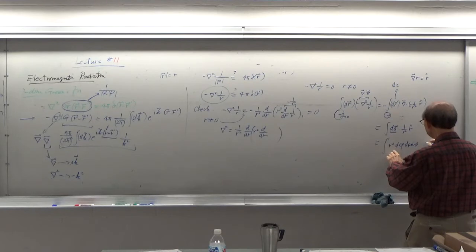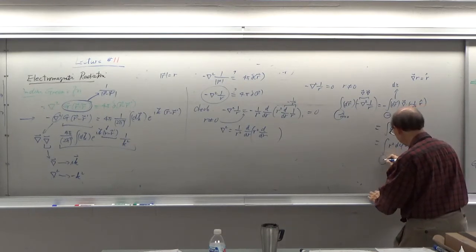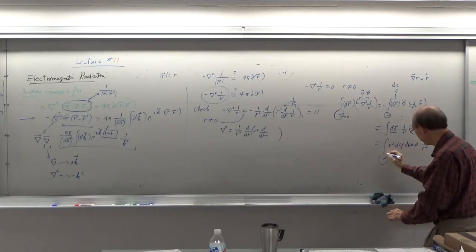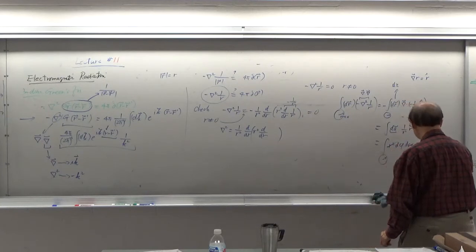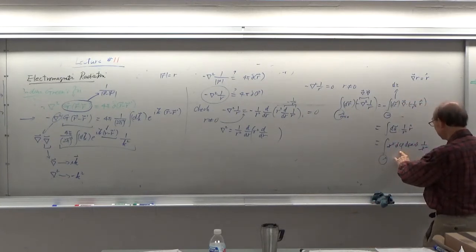Then 1 over r squared around the surface of this small sphere, the r squared cancels. So this integration gives me 2, this gives me 2 pi, so it is equal to 4 pi.